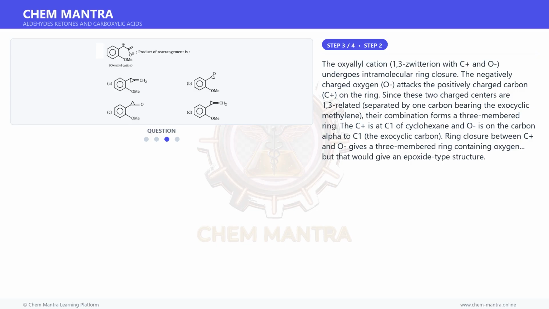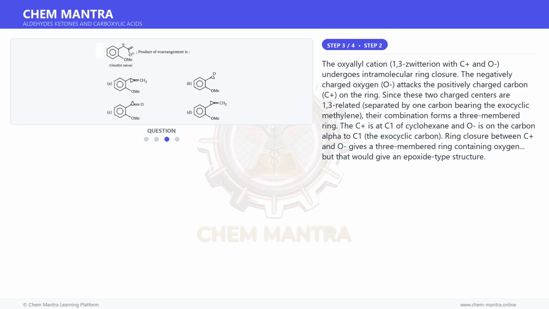Moving on to the next step. The oxylyl cation 1,3 zwitterion with C+ and O- undergoes intramolecular ring closure. The negatively charged oxygen, O-, attacks the positively charged carbon, C+, on the ring.